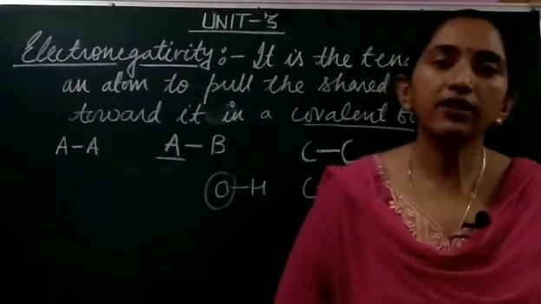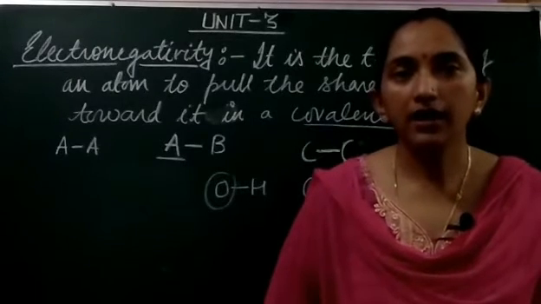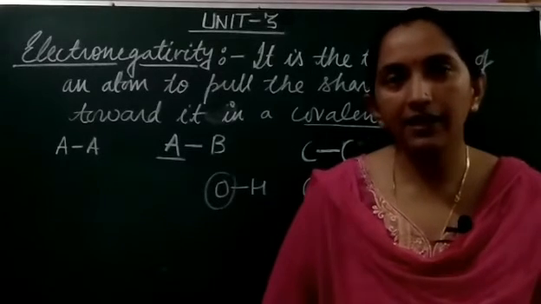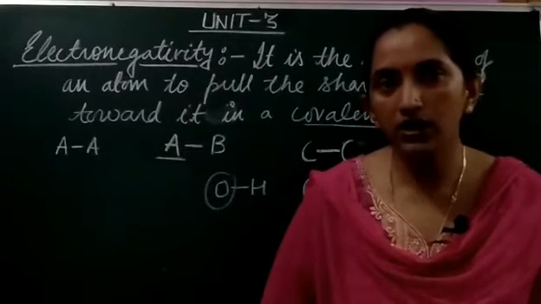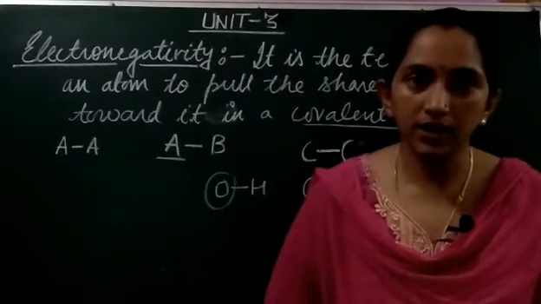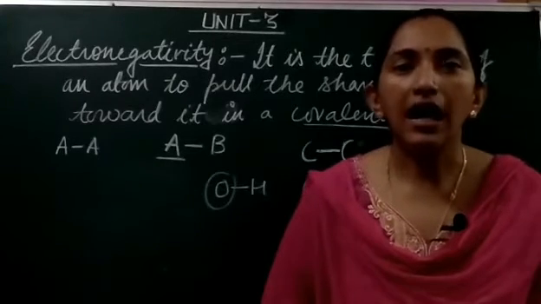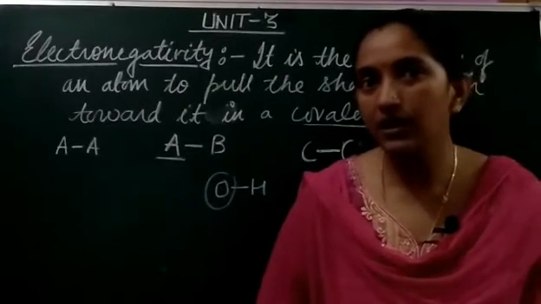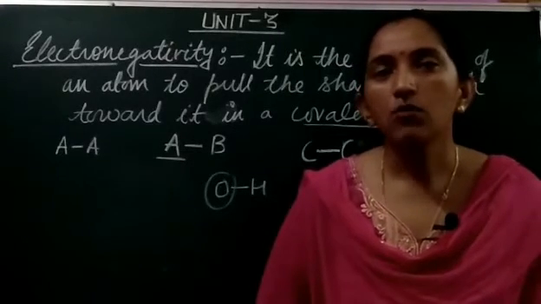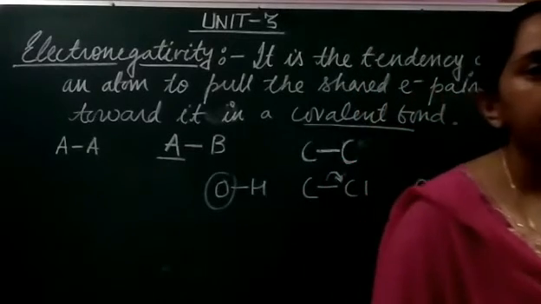Now, the electronegativity of any element can be determined with the many scales that were given, like the Mulliken scale and the Pauling scale, but the Pauling scale is widely accepted, right? On that basis, the fluorine element has an arbitrarily fixed value of 4, and fluorine is the most electronegative element in the periodic table, right?